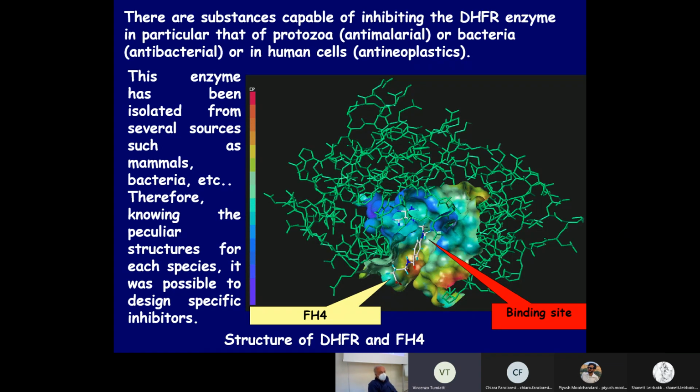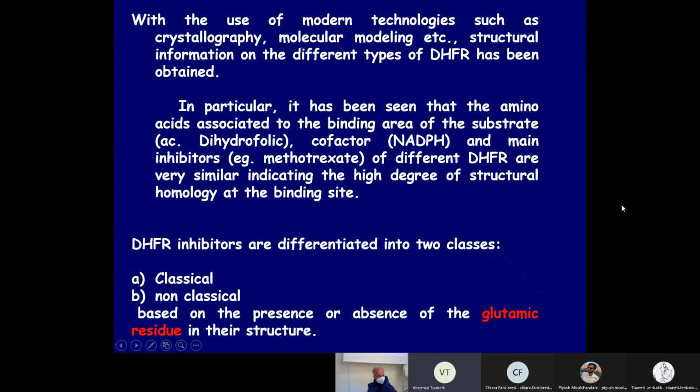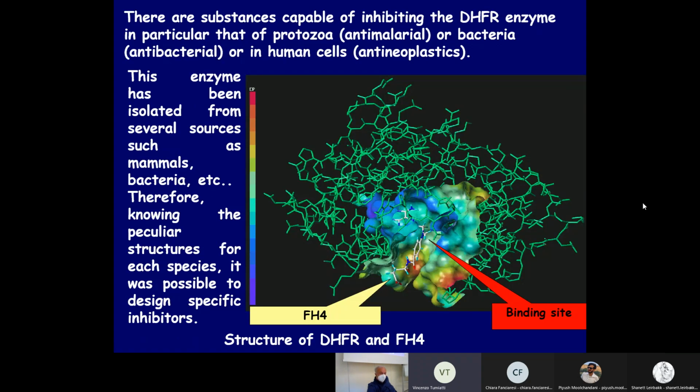We know the chemical structure, we have the crystallographic structure of the bacterial enzyme, but also we have the chemical structure of the mammalian enzyme.